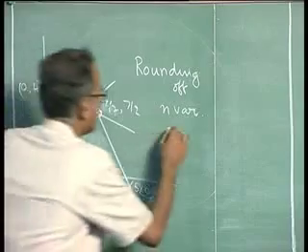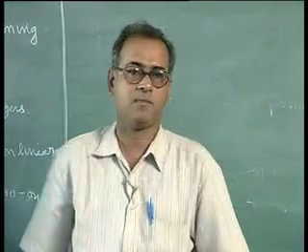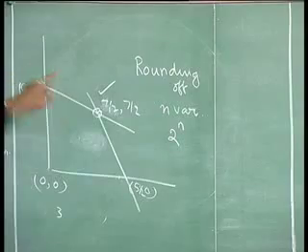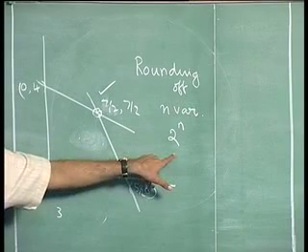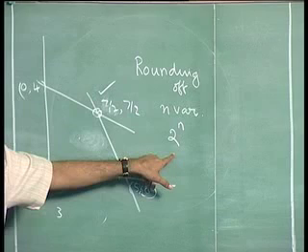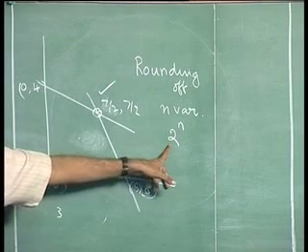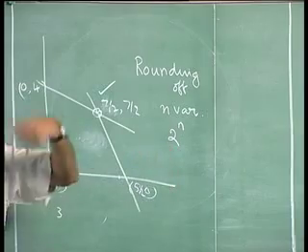So you can have 2 to the power n rounded solutions that are possible. Now 2 to the power n is not a polynomial number in n. As n increases, 2 to the power n is exponential.